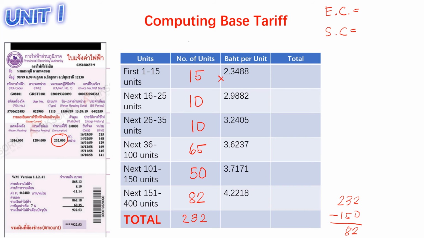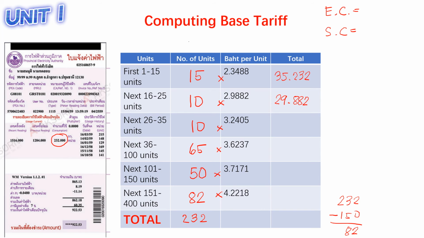Next thing is we have to multiply this one. You can pause the video to get the value of each unit. So you have here 15 multiplied by 2.344, and you will get 35.232. Next, we have here the value of 29.882.